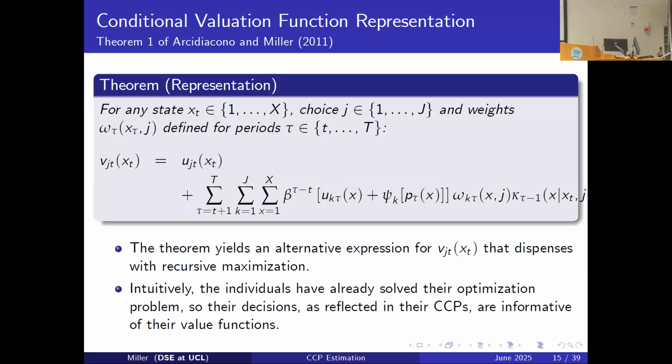We're going to get a utility here, plus we have to deal with these conditional value function corrections that I was talking about before. The weights we're picking ourselves, we're allowed to pick any set we like, subject to the fact that they sum to 1. And we can always write down the conditional value function in this way.